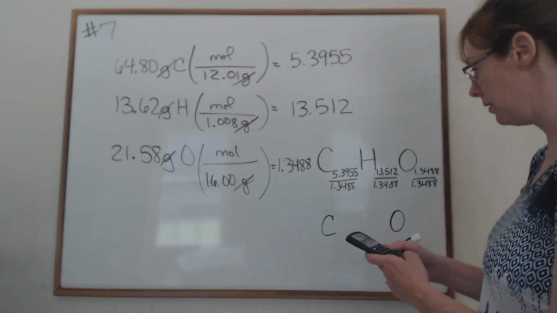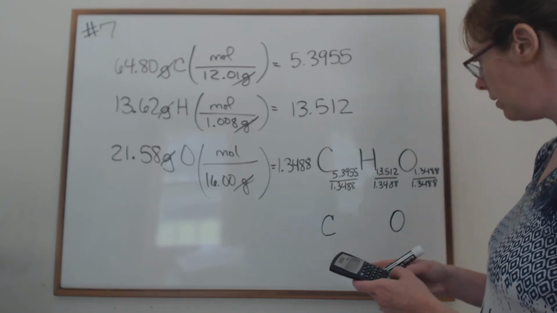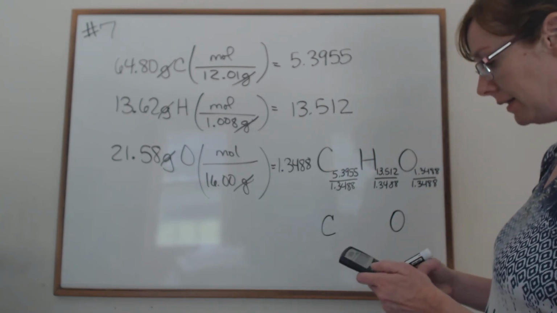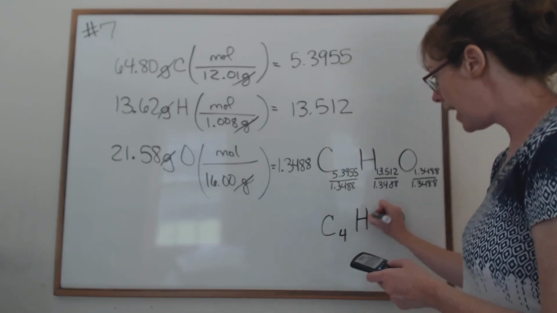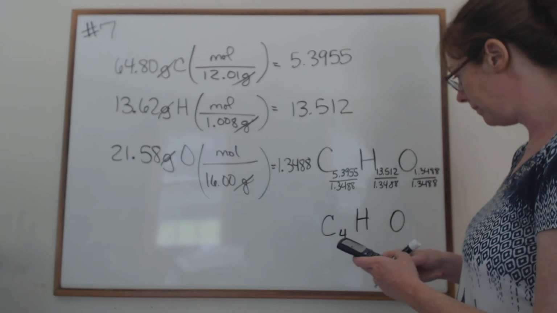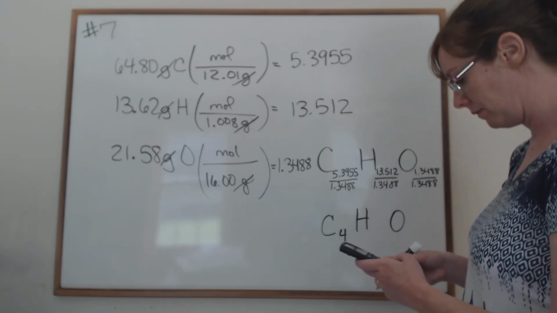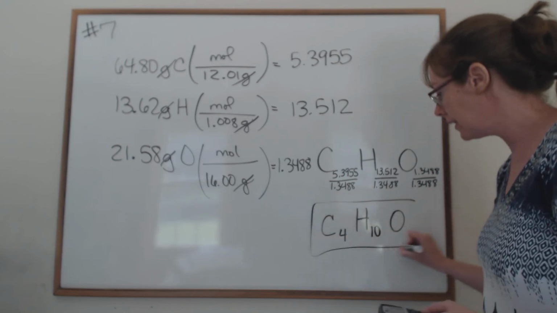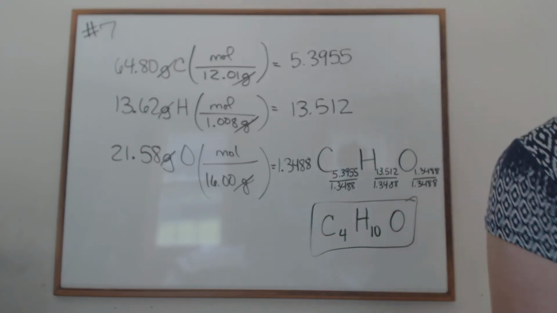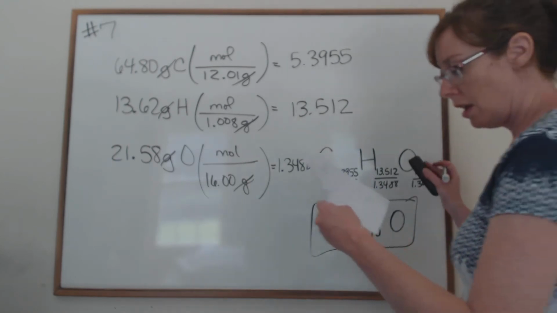But I'll leave that like that. 5.3955 divided by this number is very close to 4. And H, the 13.1, is very close to 10. And so that is the answer. Okay, C4H10O. All right.